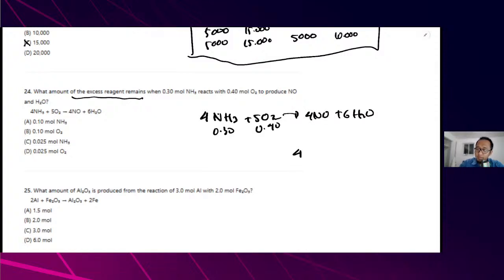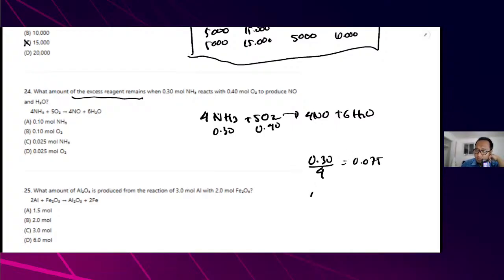Let me calculate first. 0.3 divided by 4 will give us 0.075.